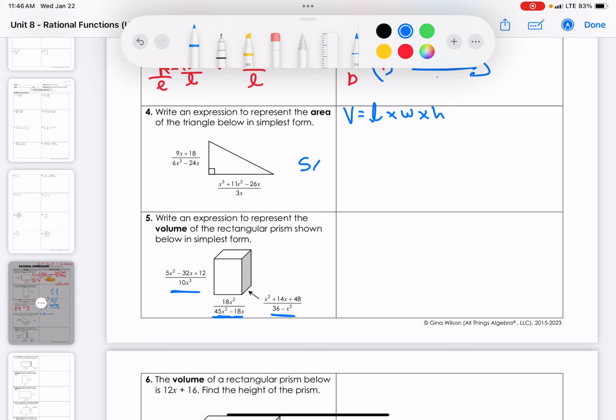So I'm going to have 5x squared minus 32x plus 12 over 10x cubed.